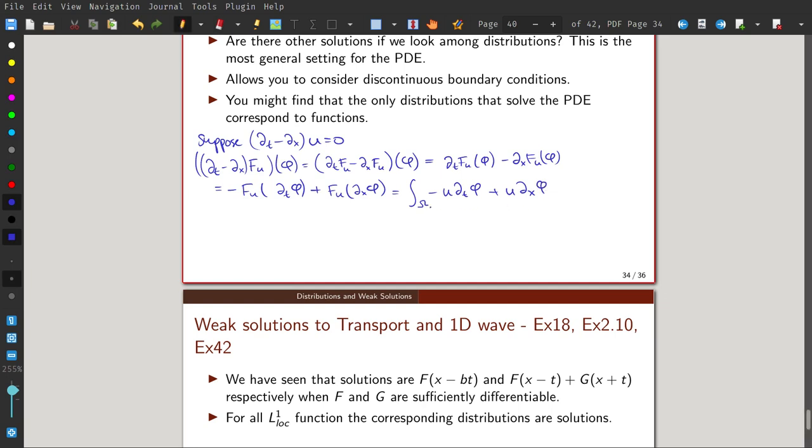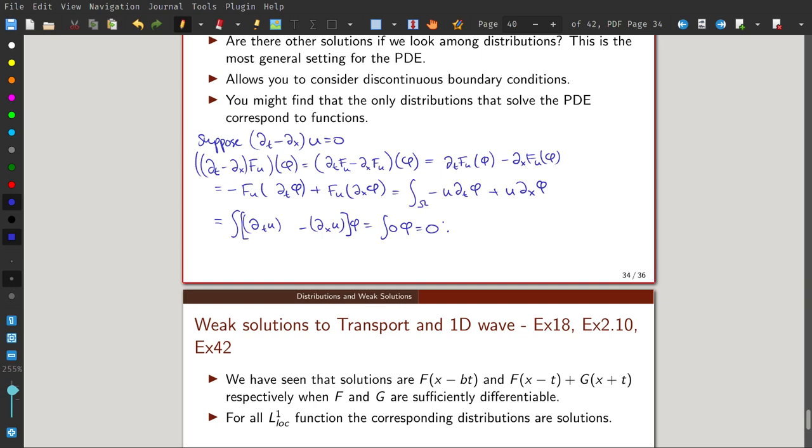Now, phi is a test function, so we know that it's 0 near the boundary. That means we can apply, you guessed it, integration by parts. That will give us partial t u times phi minus partial x u multiplied by phi. And if you just factor the phi out, what do you have there? You have nothing other than 0.